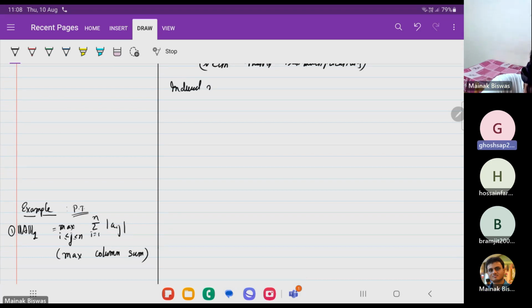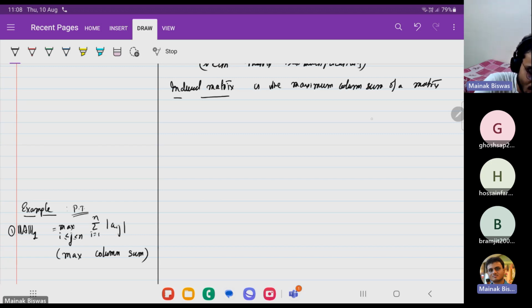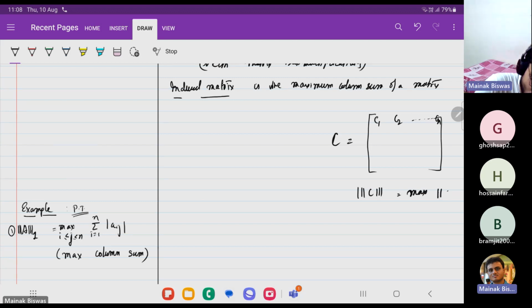Induced matrix norms. I'm telling you the sentence. The induced L1 matrix norm is the maximum column sum of a matrix. So what do I mean by a maximum column sum? If you have C1, C2, up to Cn as the columns of your C matrix, then your C norm will be the max over the L1 norms of the columns, over all the i's.